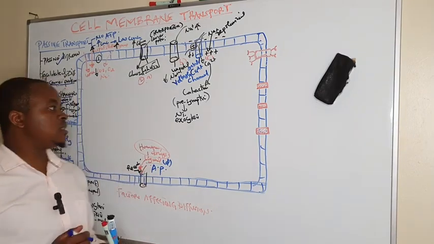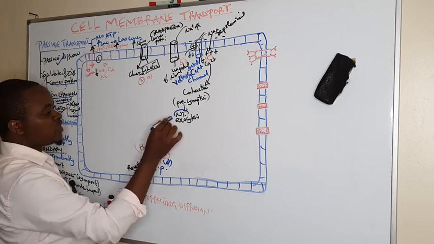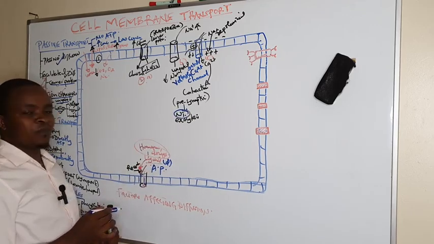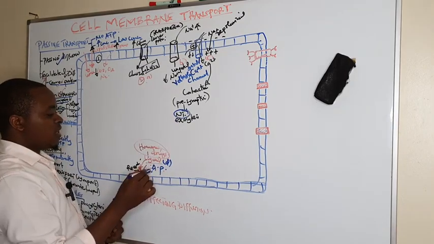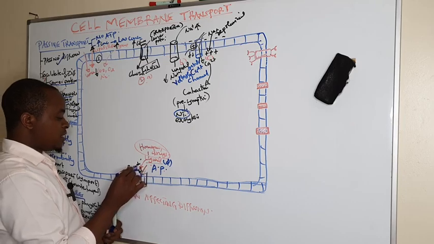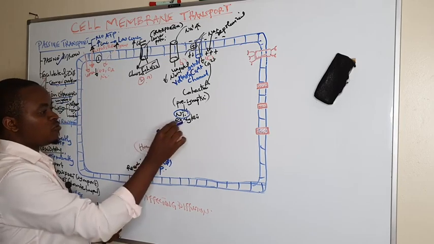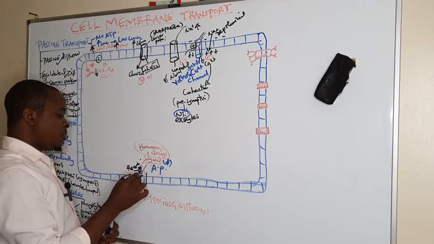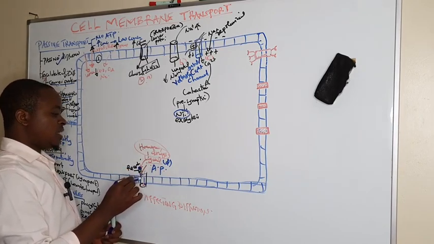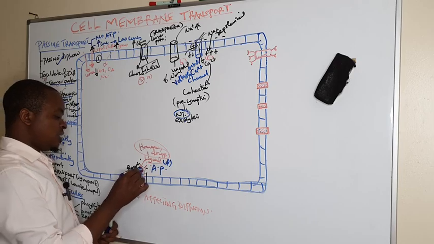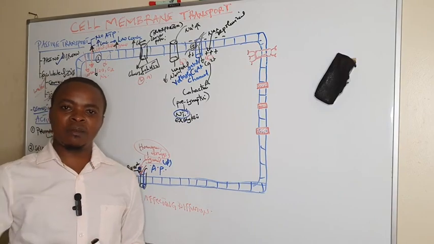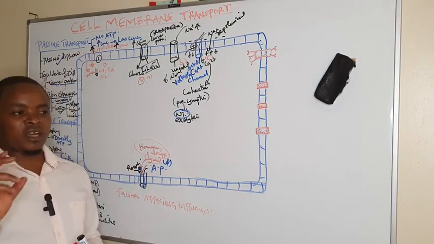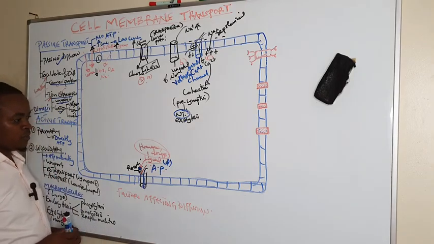For example, when we release neurotransmitters by exocytosis from the presynaptic neuron, these neurotransmitters come and bind on the ligand gated. So the ligands are the neurotransmitters, which cause opening of the ligand gated channel, hence leading to influx of sodium ions, hence enabling propagation of an action potential.